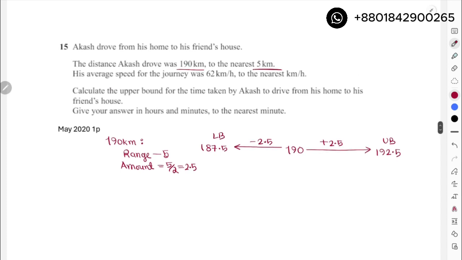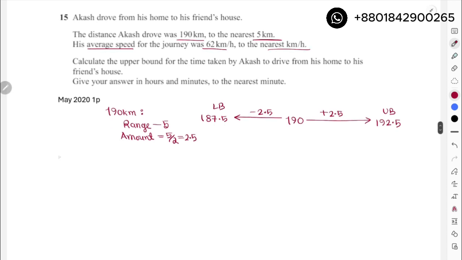After this, they have also given you that the average speed for the journey was 62 kilometers per hour to the nearest kilometer per hour. Again, nearest kilometer per hour means the range is 1 kilometer per hour, right? So 62 kilometers per hour is actually over here, and the range they have given you is 1 kilometer per hour.